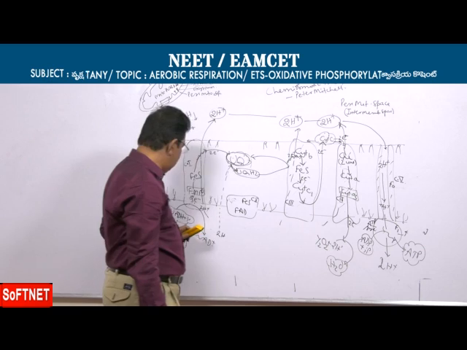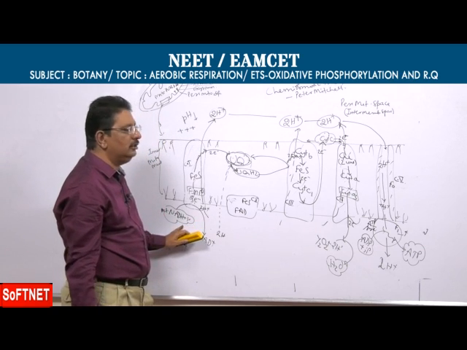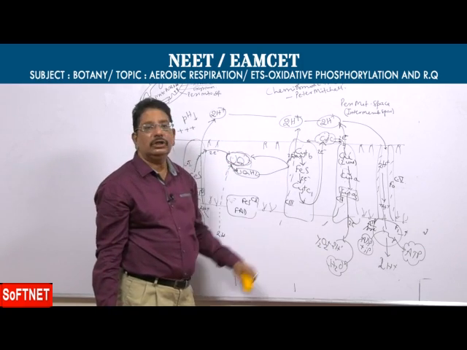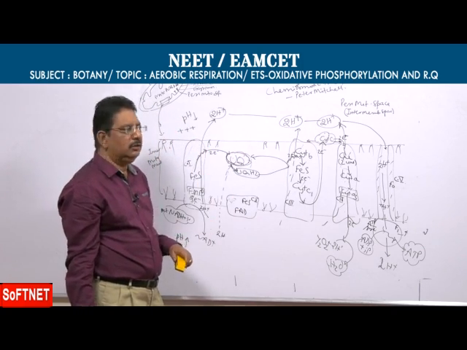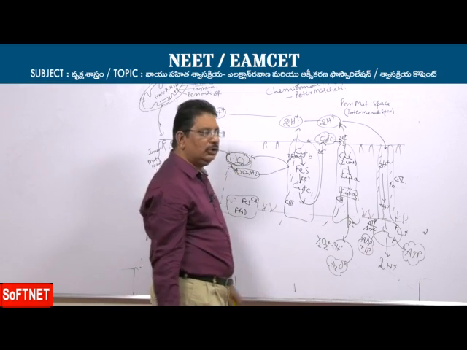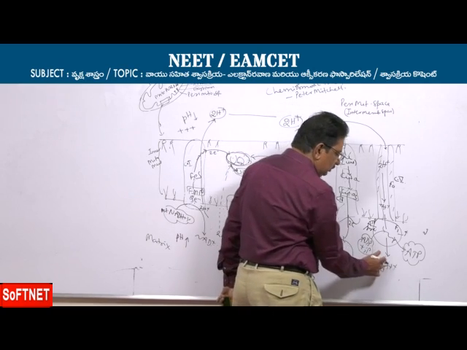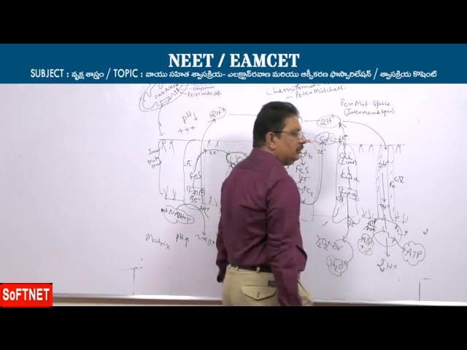So, one mitochondrial NADH transfer involves 6 protons accumulation, and when these 6 protons return flow, ATP forms.